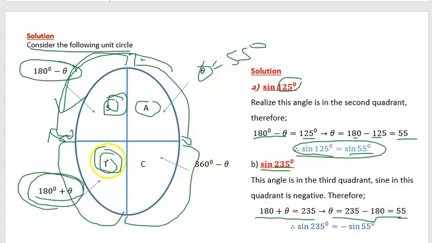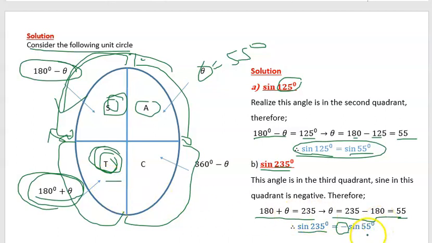Remember, in the third quadrant, only tangent is positive, meaning sine and cosine are negative, and therefore sine 235 is equal to negative sine 55.